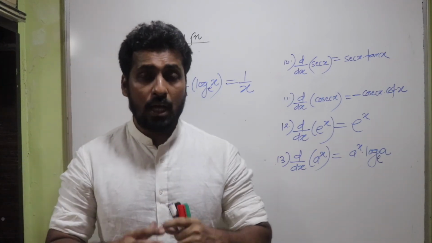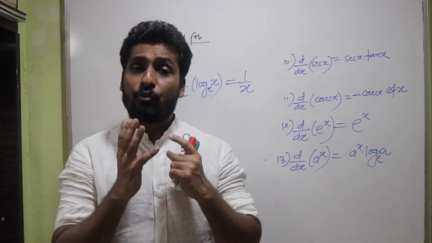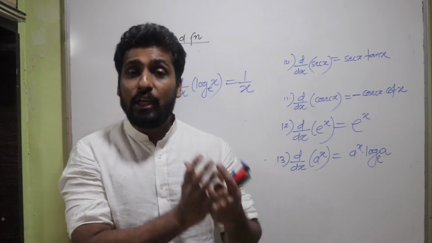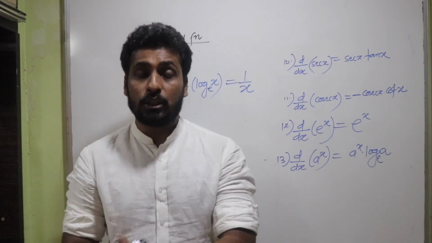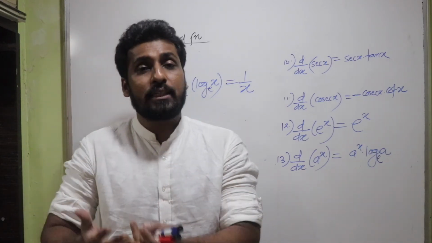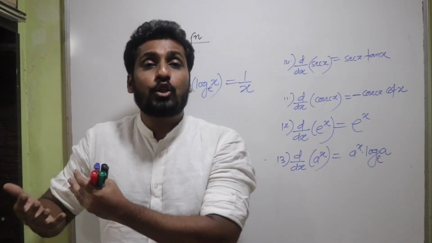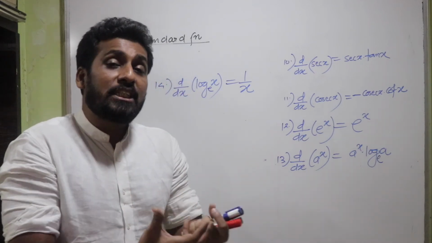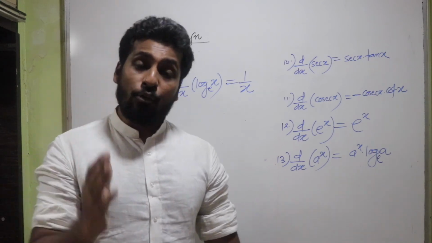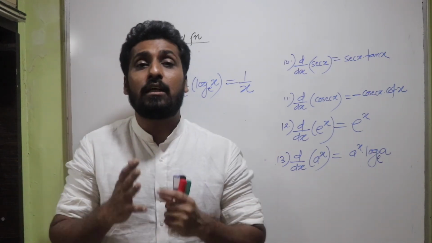Now, after this set of formulas, there are a few more standard functions left, which are called inverse trigonometric functions. You know there is sine inverse of x, cos inverse of x, tan inverse of x, sec inverse, cosec inverse, cot inverse. So there are 6 inverse trigonometric functions that we have to learn, and every one has a derivative.